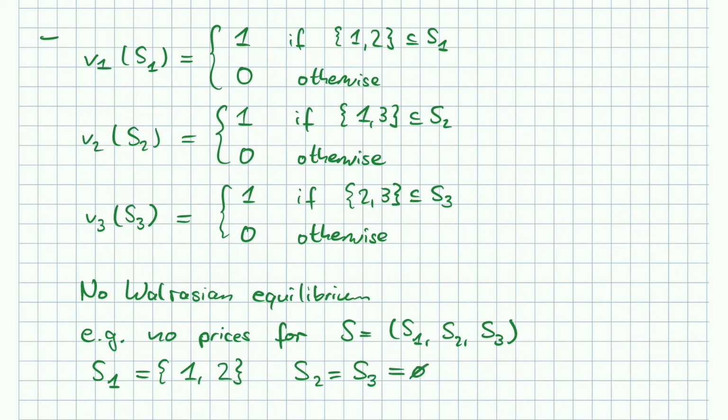Why is this? Well, let's recall what the prices would have to fulfill. First of all, item 3 isn't allocated. And because item 3 is not allocated, it has to have a price of 0.